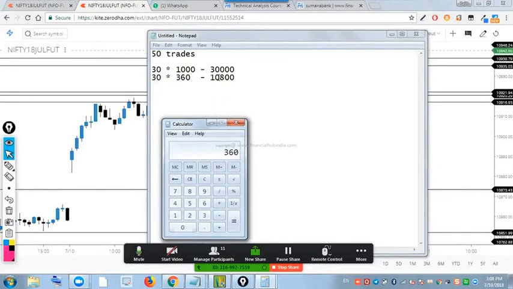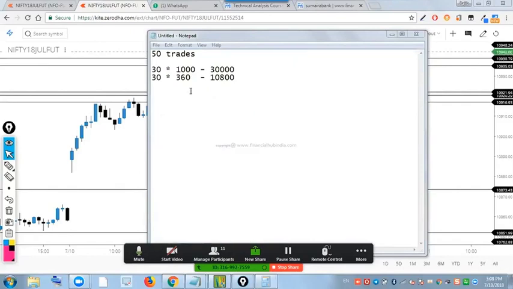So this figure should be counted as double, 720 really. So this figure should be somewhere around 21,000. So if my capital risk is, I was planning, 50,000, you hit that level when you hit 30 trades, not 50 trades. This is the very practical approach you'll be facing in your trades.